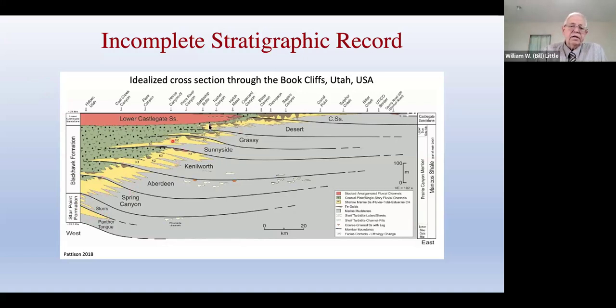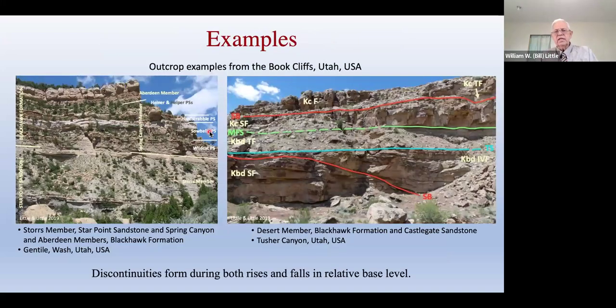And one of the things that we need to keep in mind is that there is a significant amount of time that is not recorded or that has been removed between each one of these events.